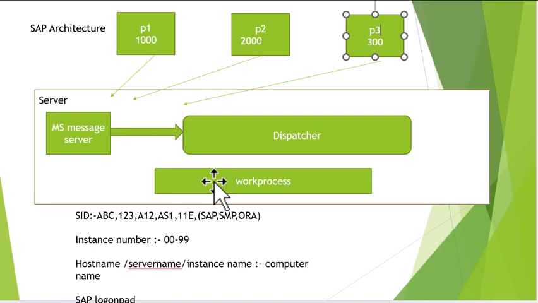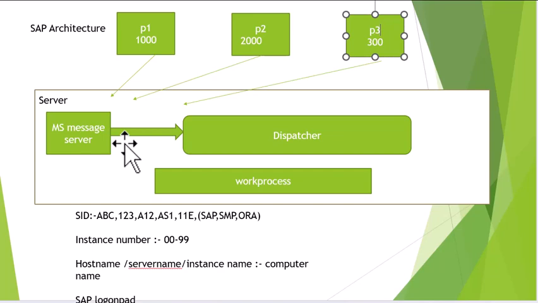If you are going for different instances and your SAP is the same, then those are additional application servers. You will have one single SAP SID, but inside that you will have different instances.